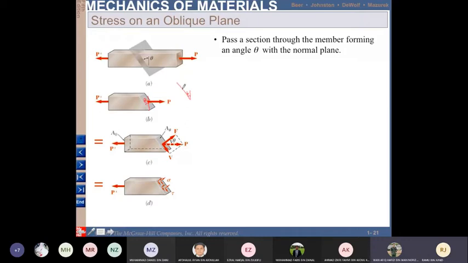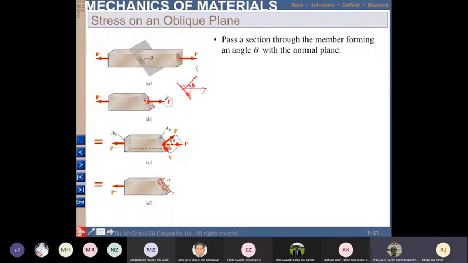If this is F, which is perpendicular to the new area, then this theta is actually equal to here. Faham tak? So this theta and this theta are actually the same.